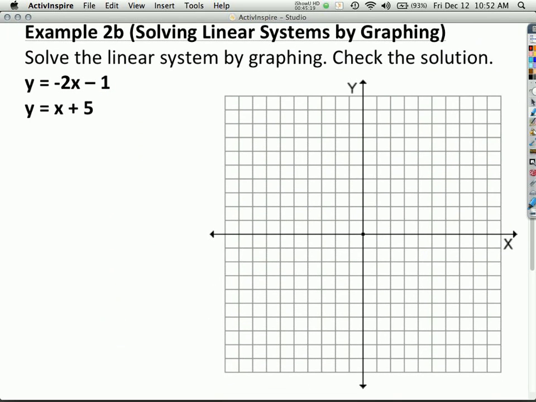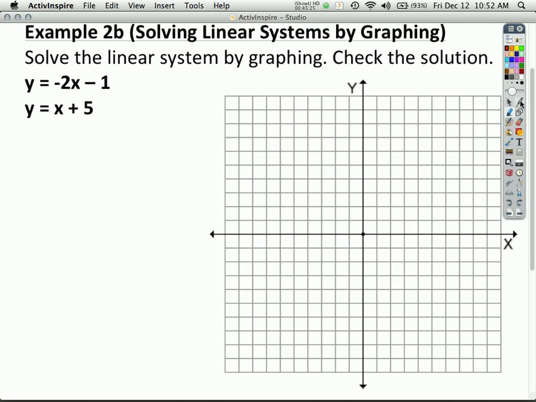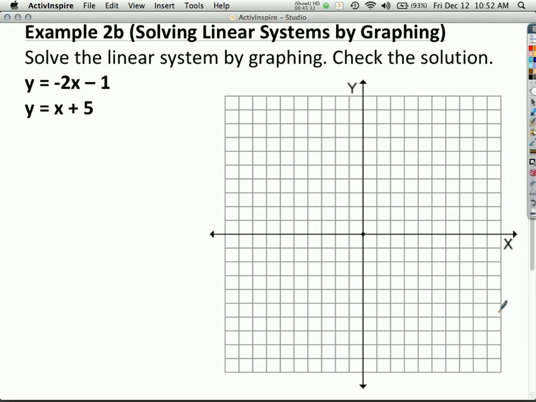You just need to write part B because it's the same exact instructions. But now we have a new system. Set up a new grid.